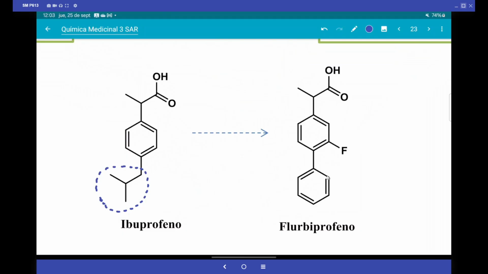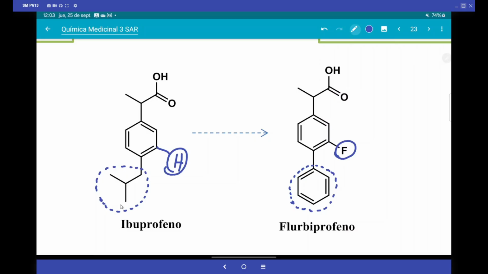As it is another benzene ring directly, we have an isosterism, and in the other, they are similar. Then this hydrogen was replaced here by a fluorine atom to increase the electrophilicity, and it has a better electronic link to the cyclooxygenase that is inhibited by this type of structure.